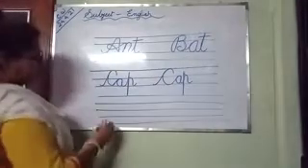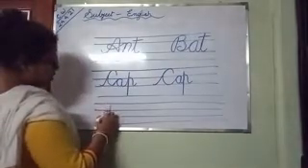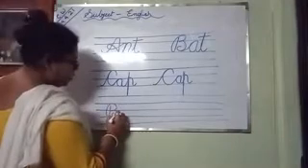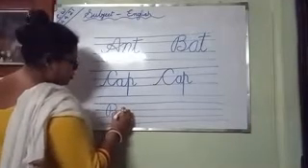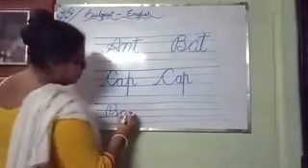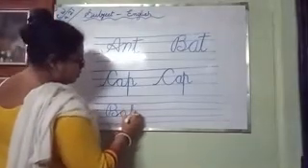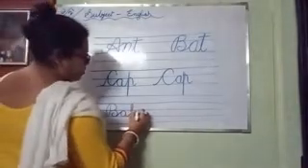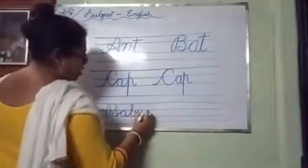Next, B-A-B-Y, baby. You know this is a B. First you write a B. Then from here you write B-A. Then cursive small letter B. B-A-B-Y, baby.